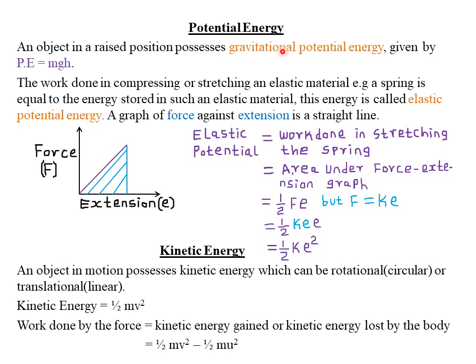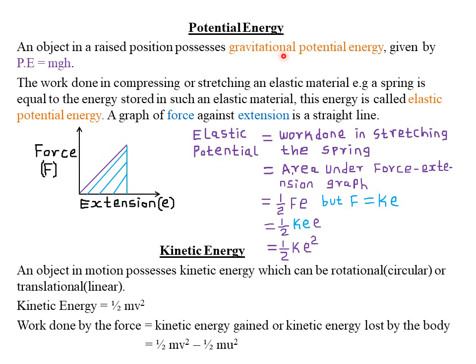We can also have another example whereby gravitational potential energy is applied. I'm sure you have seen tanks. Tanks are usually raised at some higher positions from the ground. For example, a tank that is supplying water in a school, or in a house. The tanks are usually placed on the rooftop of high buildings, or on the rooftop of your school building.